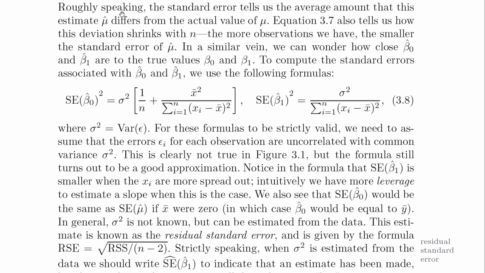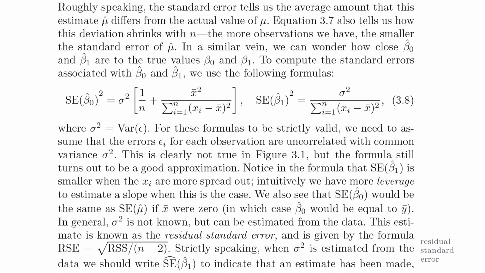Again, it's worth rereading. Roughly speaking, standard error tells us the average amount that this estimate mu hat differs from the actual value of mu. Equation 3.7, so that's what we saw earlier, sigma squared divided by n, also tells us how this deviation shrinks with n.